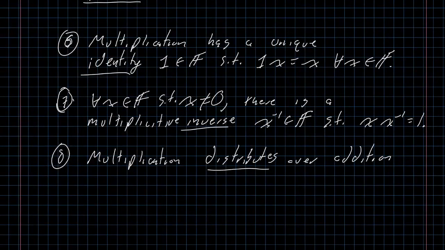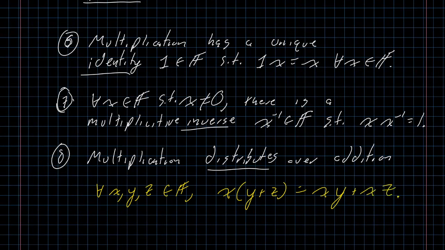And then the last thing is the distributive property. Again, something you are very familiar with. Whether or not you think about the names may have been a different thing, but you should be familiar with all of those properties.